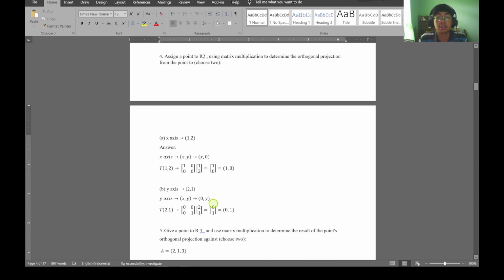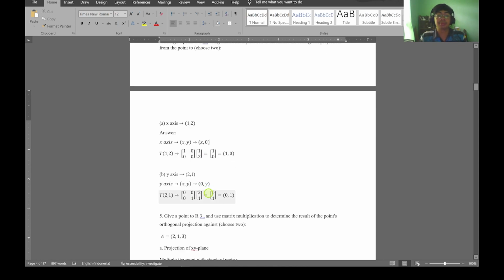Next is the y-axis, which has values 2 and 1. For the y-axis, x and y become 0 and y.